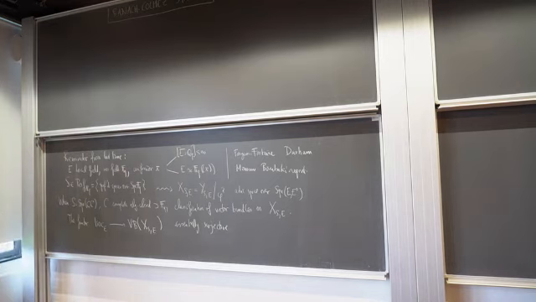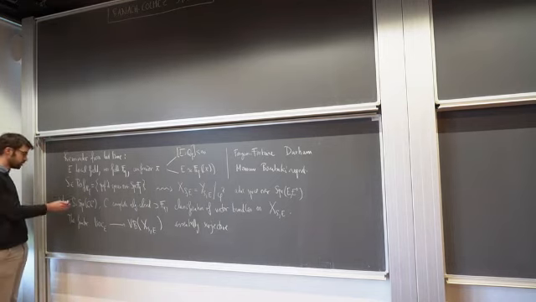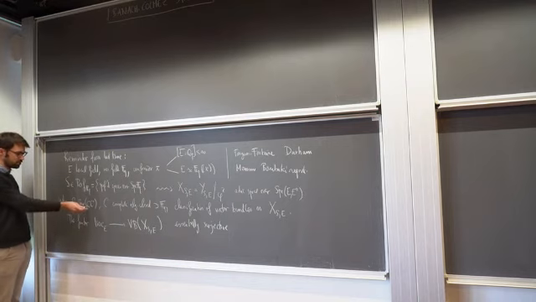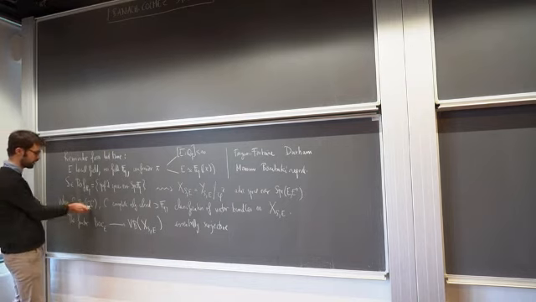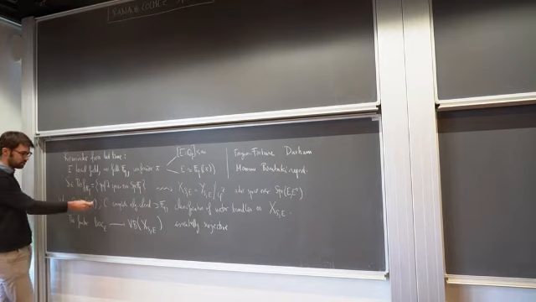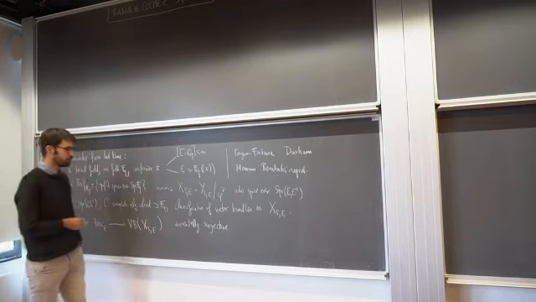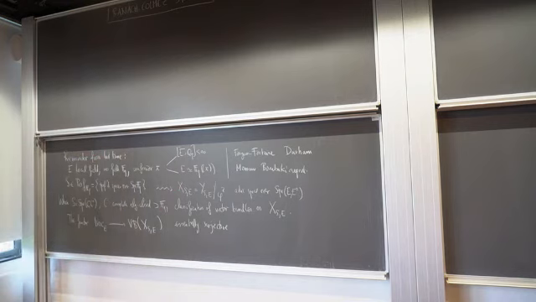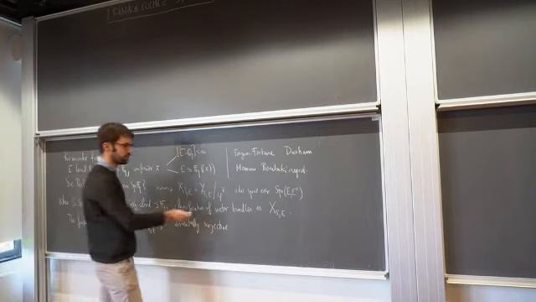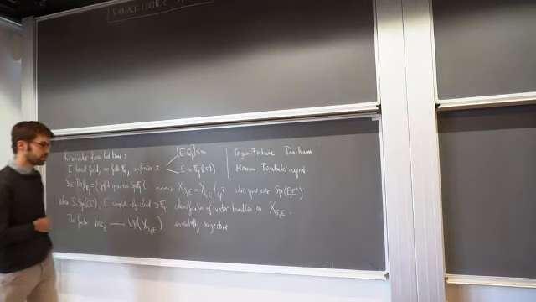Okay, and if we specialize the discussion to the situation where S is a geometric point, Spa(C, C^+), C being a complete algebraically closed field over F_q, then we also saw that there is a nice classification of vector bundles on this curve.